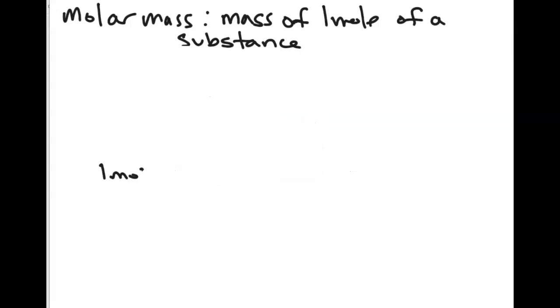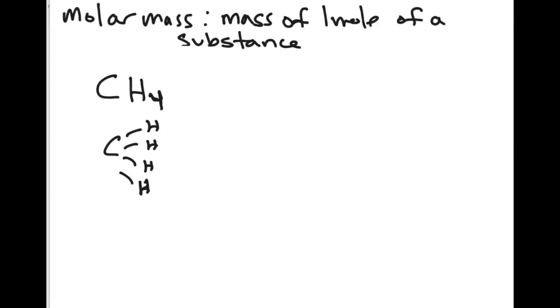Let's look at something a little trickier. How about if we want to say what is the molar mass of CH4? What this means is we have 1 C and we have 4 H's. We've drawn Lewis structures and stuff, so we understand what this means. We have this carbon connected to 4 different H's. So when we add up its mass, we need the mass of 1 carbon.